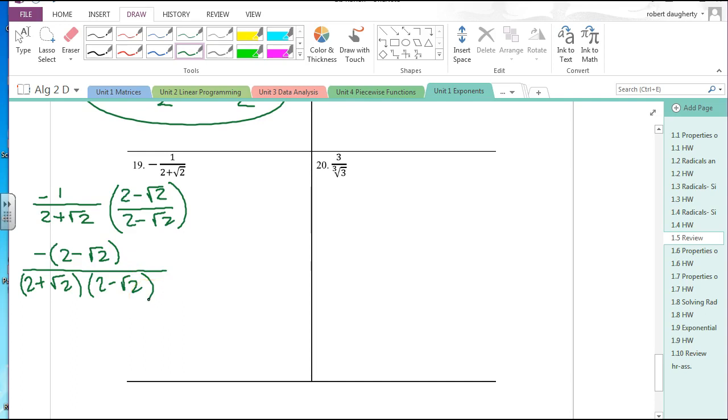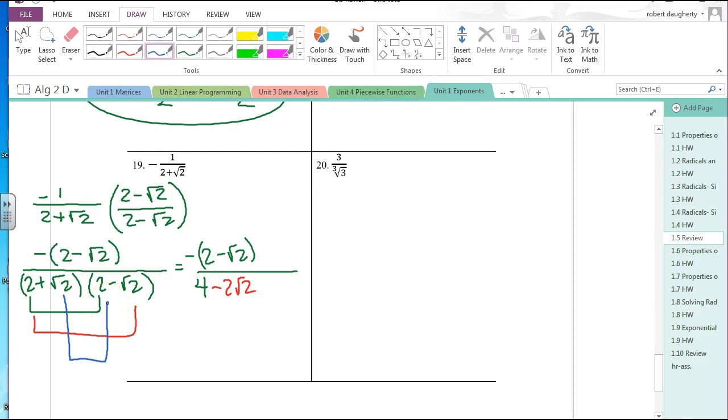I will need to FOIL that. So I will get negative 2 minus root 2. When I multiply the 2 and the 2, I get 4. When I multiply the outside terms, I get minus 2 root 2. When I multiply the inside terms, I get plus 2 root 2.